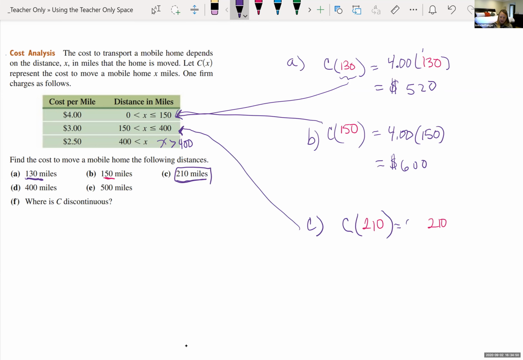So it's going to be 3 times 210. If we multiply that out, that gives us $630. So you're only paying $30 more than you did at 150, and you're traveling 60 miles more.